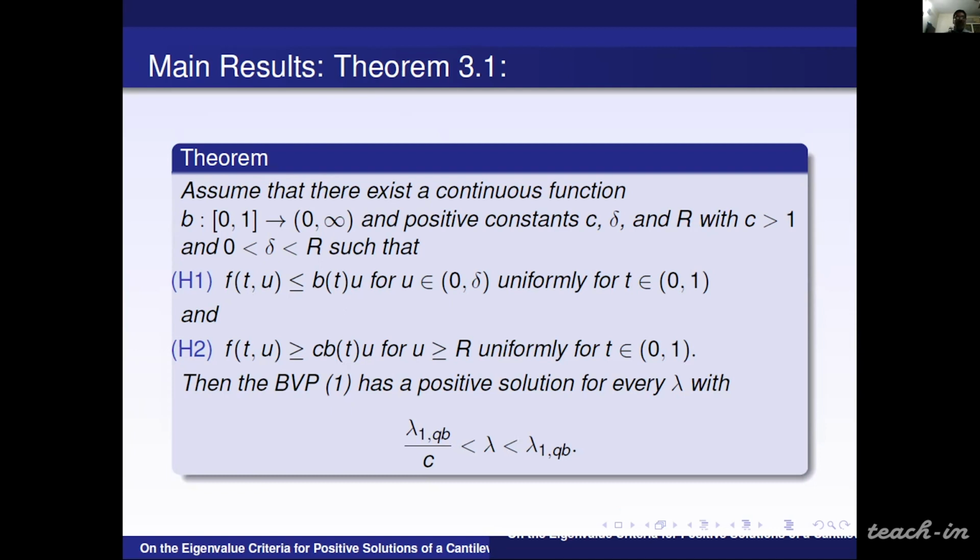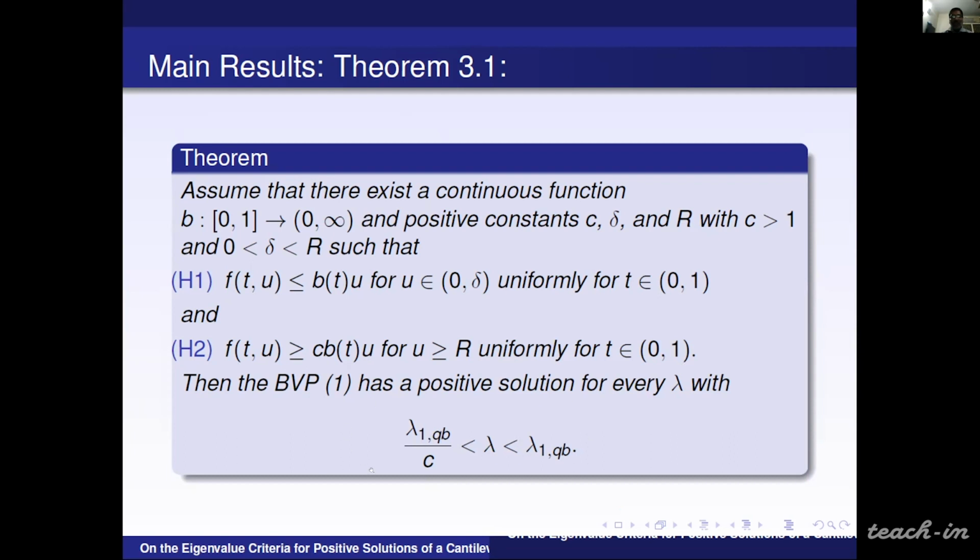We will obtain small r using this delta such that f(t, u) is less than or equal to B(t)u for u in [0, delta], which holds uniformly for t in [0, 1], and f(t, u) is greater than or equal to C B(t) u for norm u greater than or equal to R, uniformly for t in [0, 1].